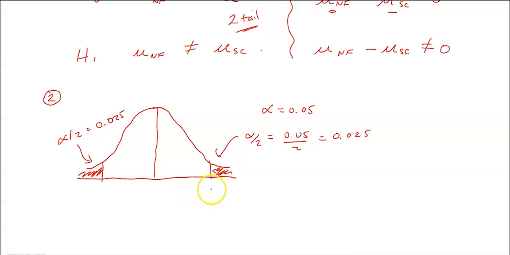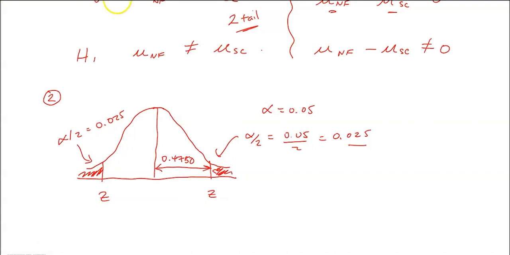For these questions, we will be using the z-score. So we're going to use the z value to determine what the critical value is. Since the area of the tail is 0.025, that would make the area in the center 0.4750.